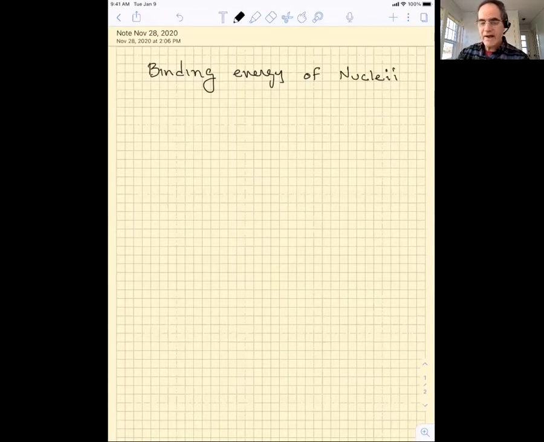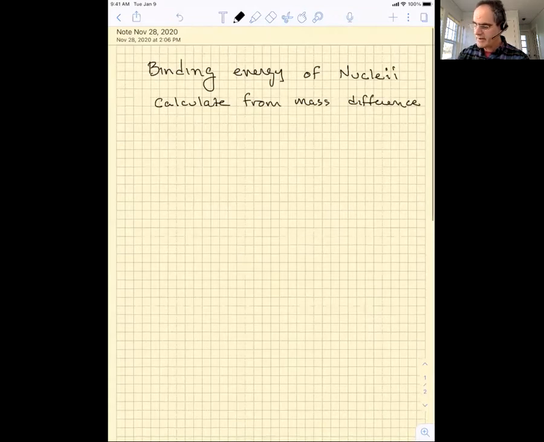So to find the binding energy of atomic nuclei, we need to calculate this from the mass difference. And what I mean by this is the mass difference between the nucleus and the component particles, okay?